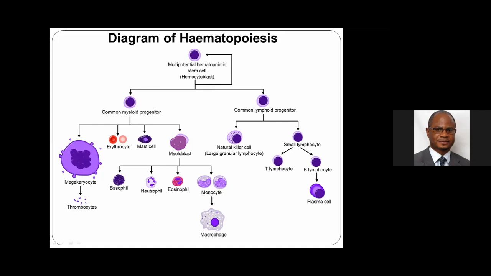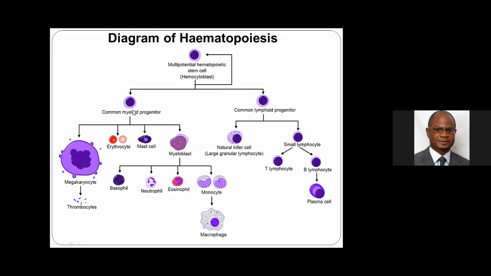It is just a differentiated B lymphocyte that secretes antibodies. Or which of these cells secretes antibodies? And you can have B lymphocytes and plasma cell. If you have plasma cell, that is the one. It's plasma cell that will secrete antibodies. Plasma cell is a differentiated B lymphocyte that has the ability of producing antibodies.